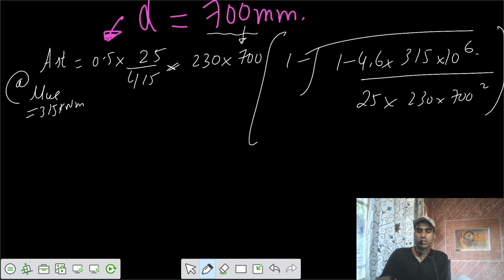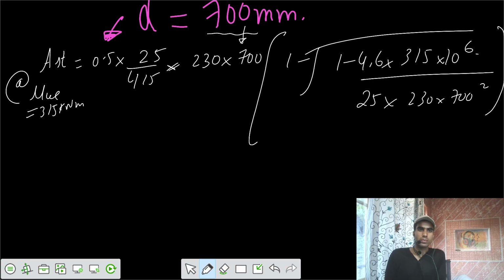Let's see what value we get from this equation: 1 minus 4.6 into 315 into 10 to the power 6 divided by 25 into 230 into 700 square. Then take 1 minus of that answer, and multiply by 230 into 700 into 25 into 415 inverse into 0.5.